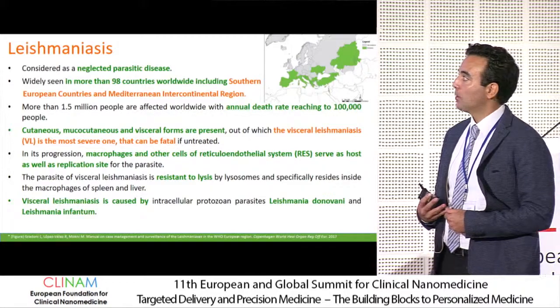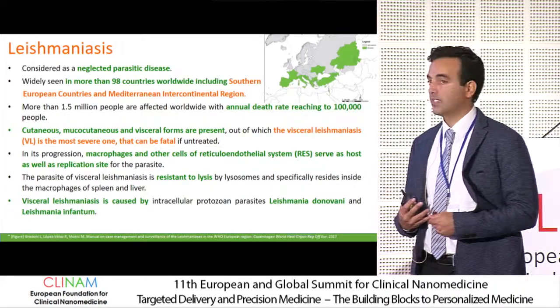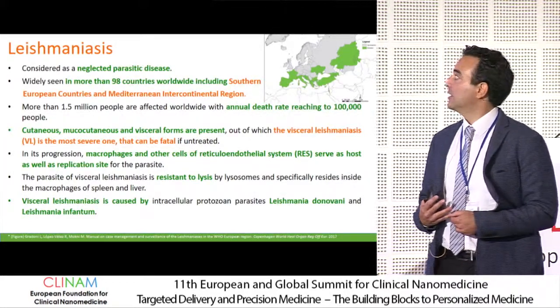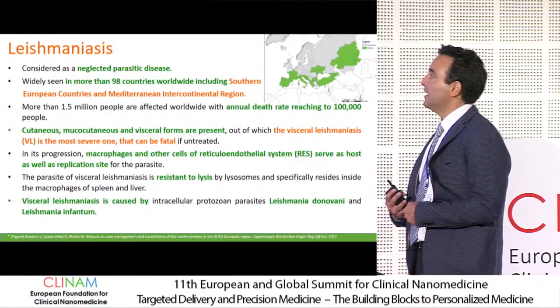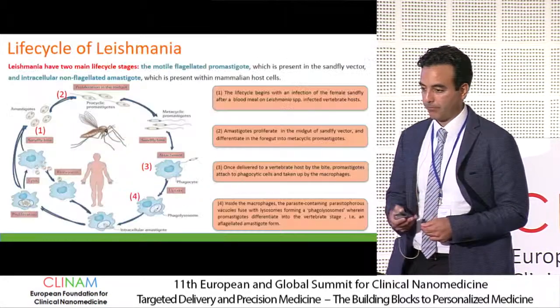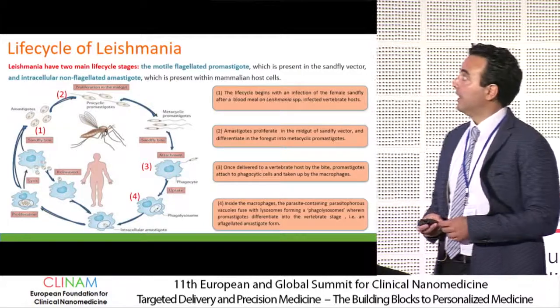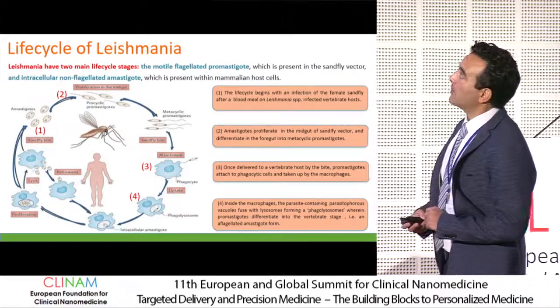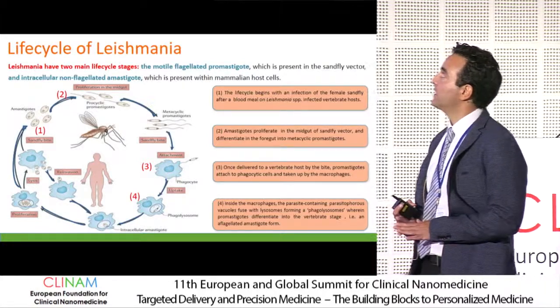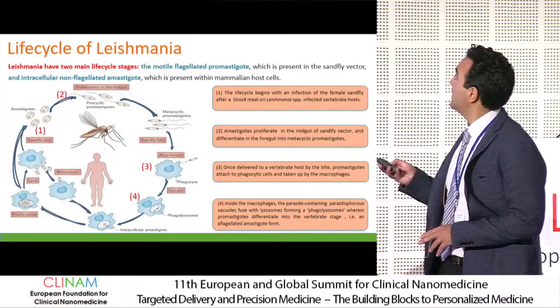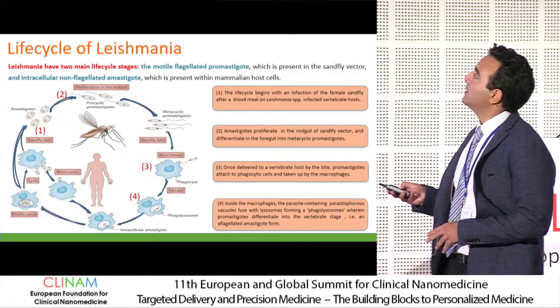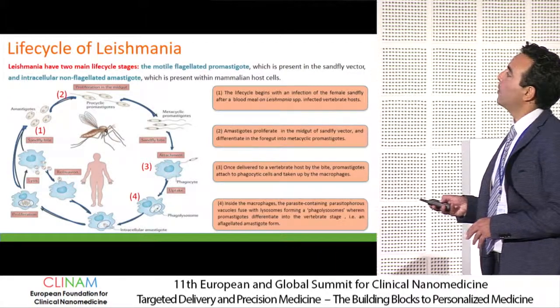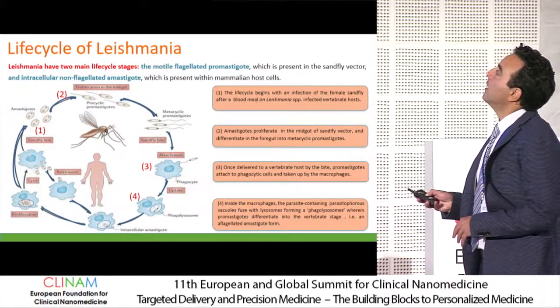Visceral leishmaniasis is caused by intracellular protozoan parasites, in particular Leishmania donovani and Leishmania infantum. Leishmania have two main life cycle stages: the motile-flagellated promastigote, which is present in the sandfly vector, and intracellular non-flagellated amastigotes, which are present in the mammalian host cells.